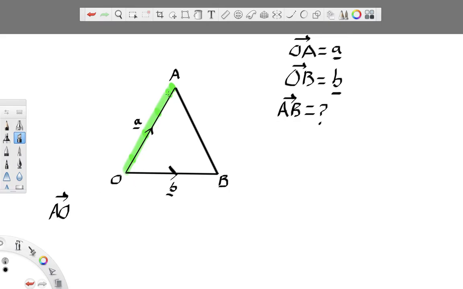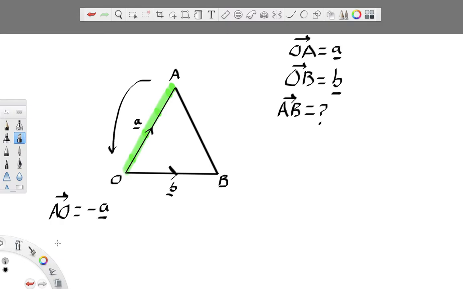So what about if we want to go from A to O in that direction? Well, it can't be the vector A because that's in this direction. If we want to go this way around, well then it's got to be minus. So that would be minus A.